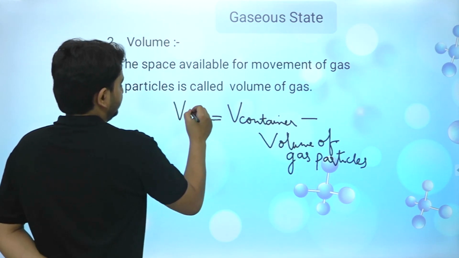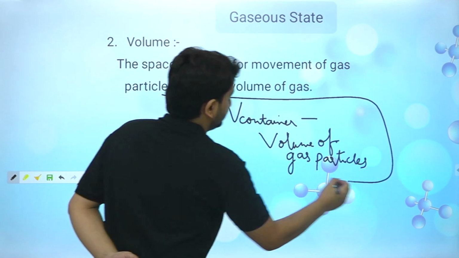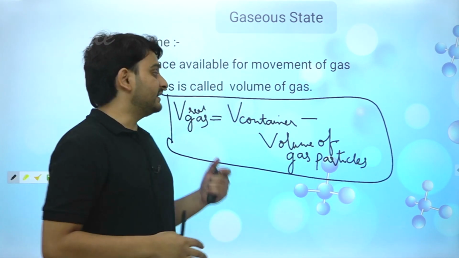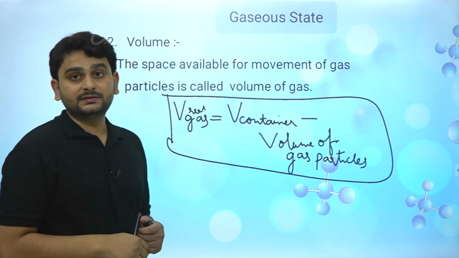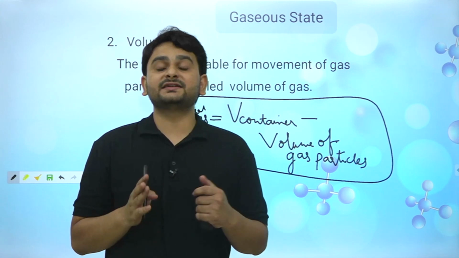So this is real gas, right? The volume of real gas. For an ideal gas, the volume of gas is equal to the volume of container, but that is not the case for a real gas. I hope you've understood this basic difference between ideal gas and real gas.